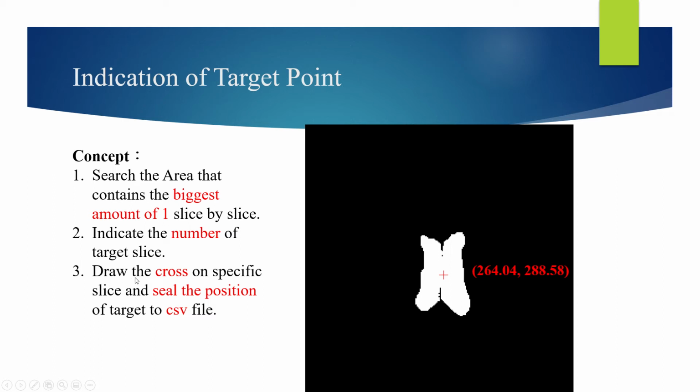For instance, on the x-axis we totally got 256 slices, but we want to know the specific slice of the DICOM, what number of slice that is. Then we draw the cross on that specific slice and save the position of the target to a CSV file, so that the AR project can obtain the position of the target from the CSV file.